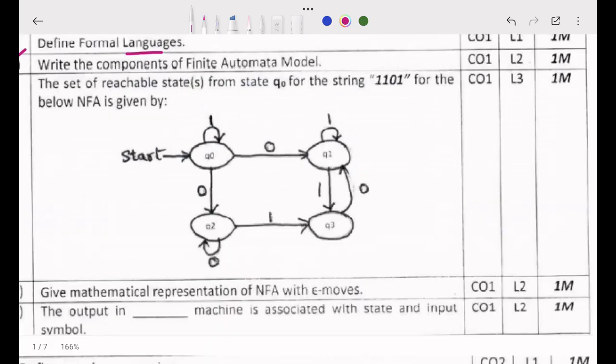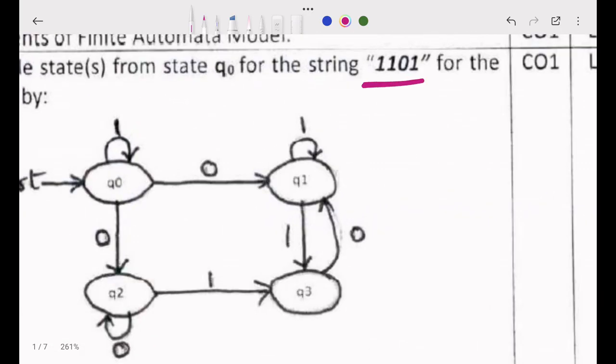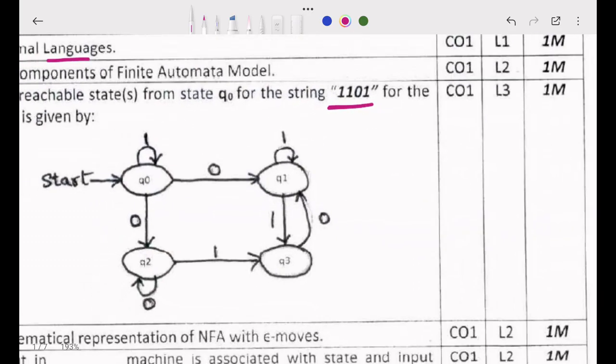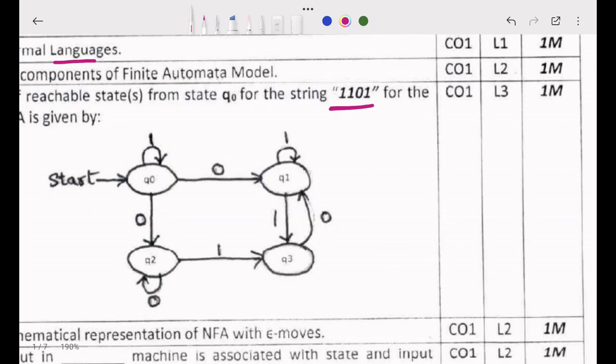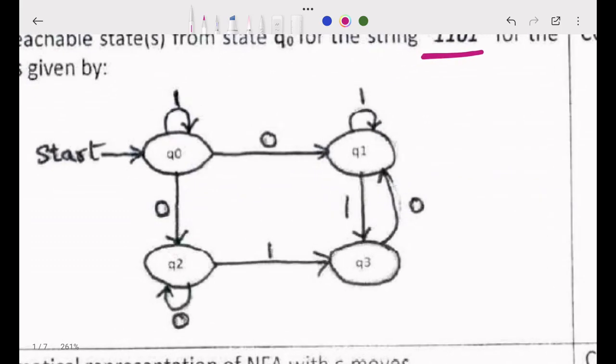What we ask, this is a string 1101. So how many states, okay, if text processing is there, how many states you can reach, okay. Number one, suppose I am using this 2 times, 1 1, then 0, then 1, okay. So it means that I reach Q0 and Q1.